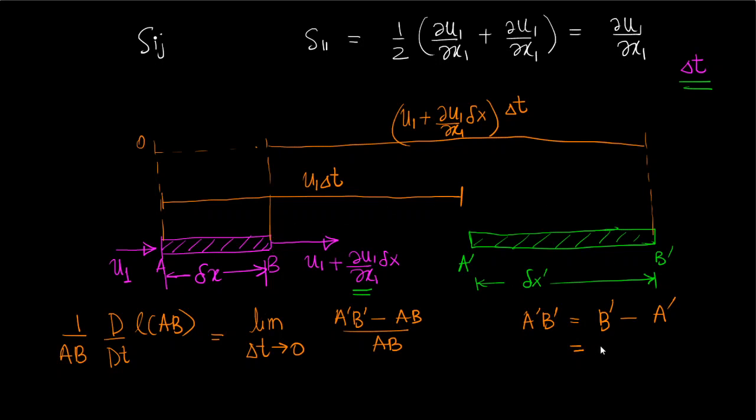So B prime will be delta x plus u1 plus del u1 del x1 delta x times delta t, minus the coordinate of A prime, and the coordinate of A prime is going to be u1 delta t with respect to this particular origin, of course.